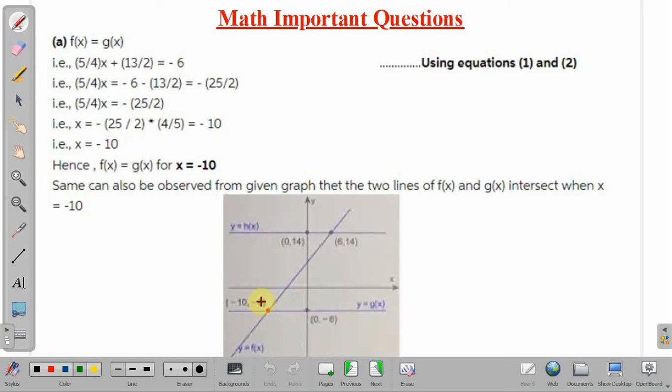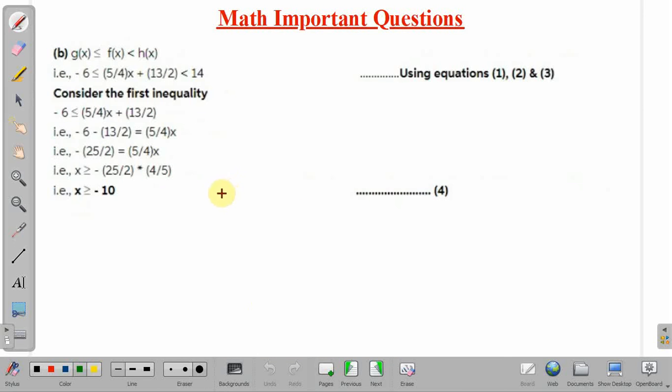Now in the second part we have to solve the inequality. The inequality is given as g(x) is less than or equal to f(x), and f(x) is less than h(x). So substituting the values from equations 1, 2 and 3: g(x) equals minus 6, f(x) equals 5/4 x plus 13/2, and h(x) equals 14.